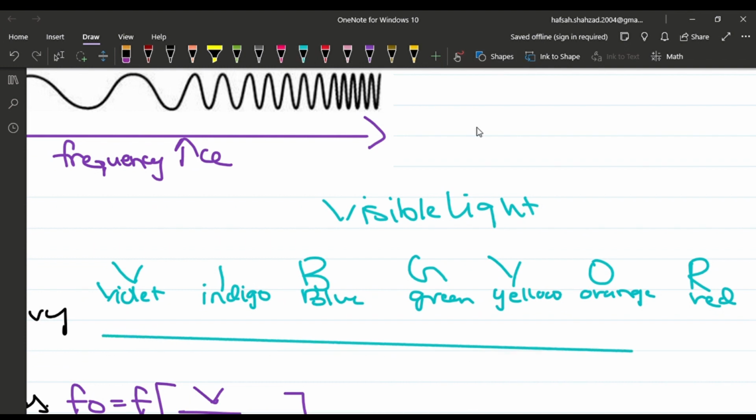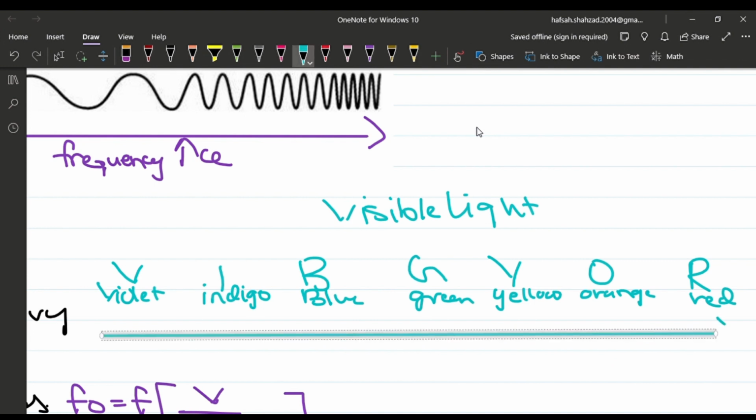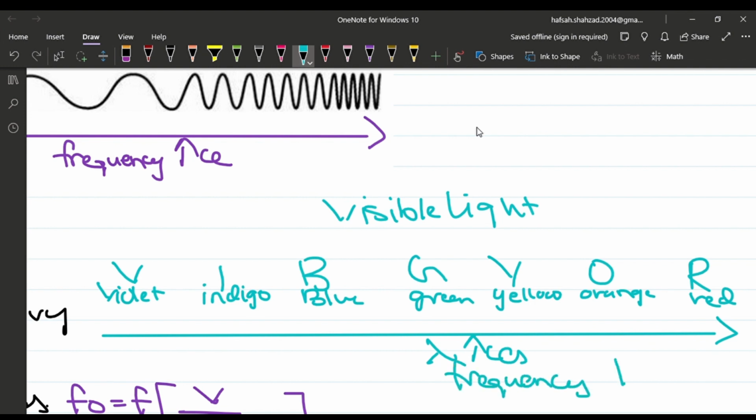moving from violet to red, wavelength increases and frequency decreases. Okay, my writing is horrible. Please excuse that.